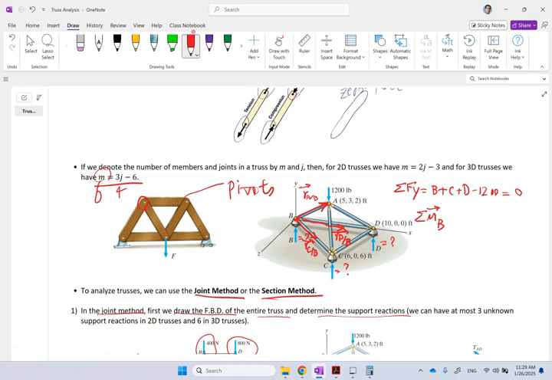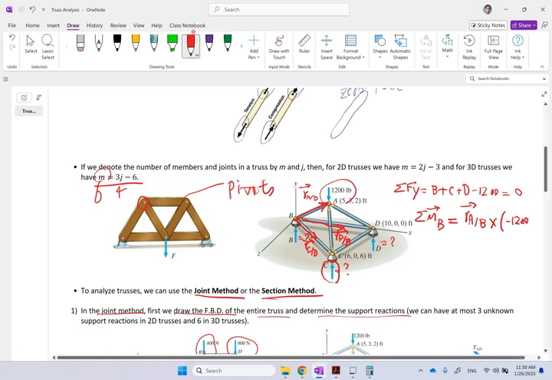Now when you do that, your C force, when you want to write it as a vector, you have to, let me show one of them to you. So you say R of A slash B cross that 1200 force. Now what is that 1200 force in vector format? So it is basically negative 1200 in the J direction. You see?